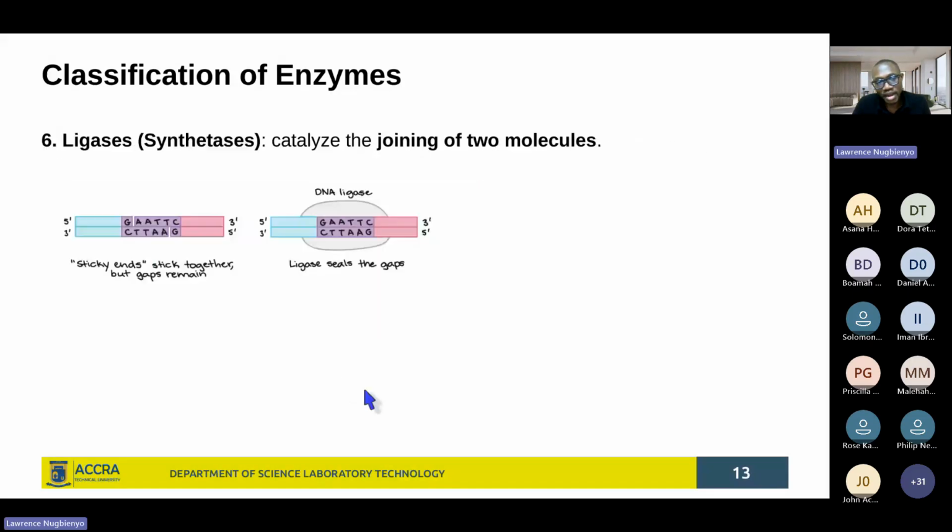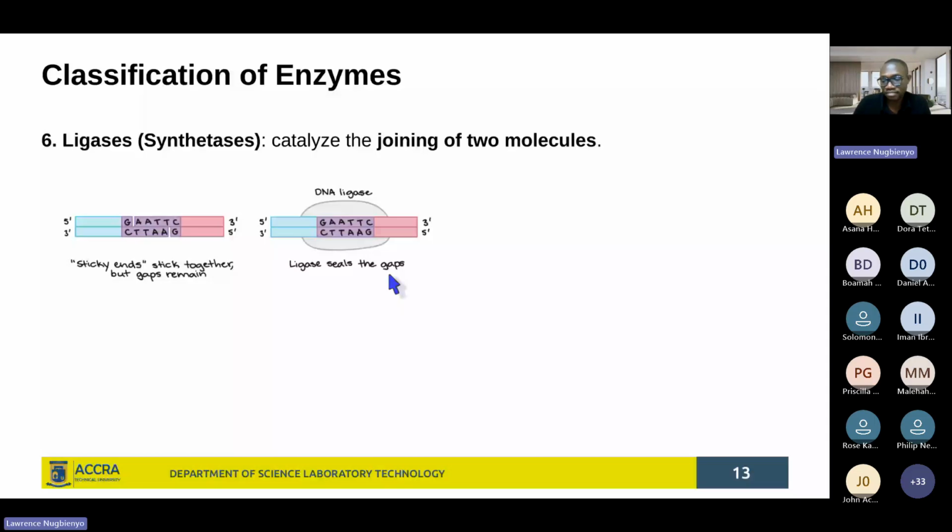ligases, also referred to as synthetases. So these catalyze the joining of 2 molecules, particularly you see DNA ligase, which is involved in the synthesis of DNA.